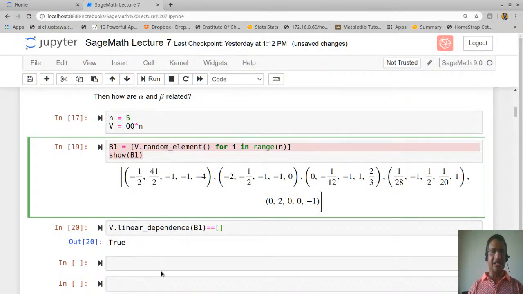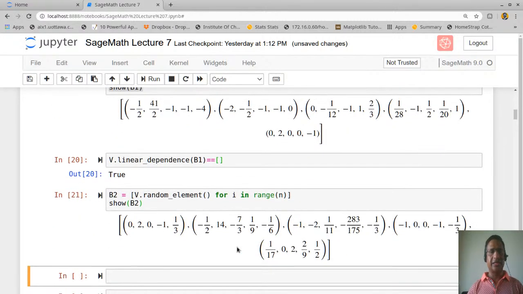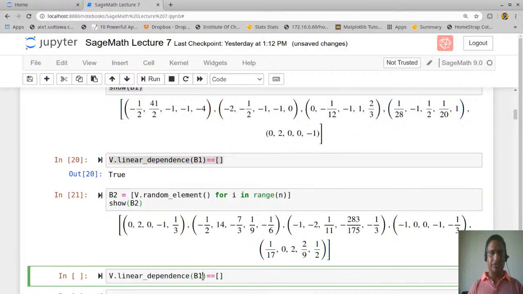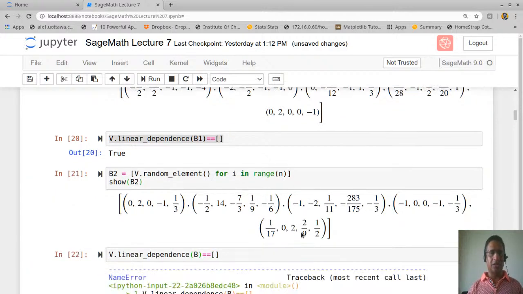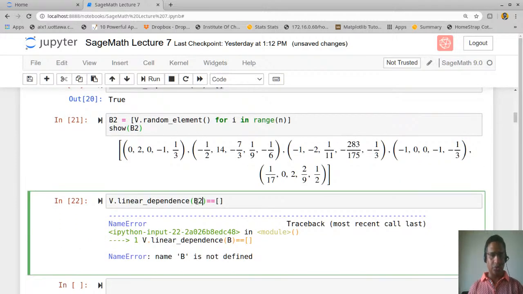Let us generate another basis. Let me call this b2, again a set of 5 vectors, and let us see what this b2 is. So this is again a basis. Let us again check whether this is a basis. Just one second, this is b2.